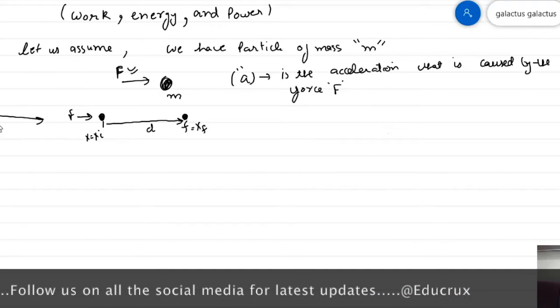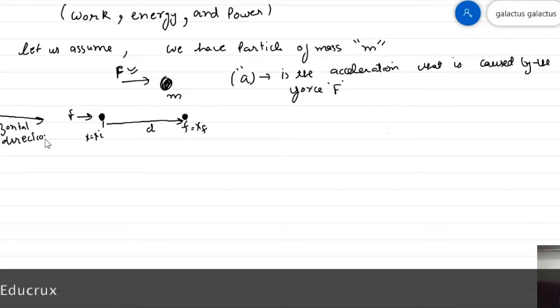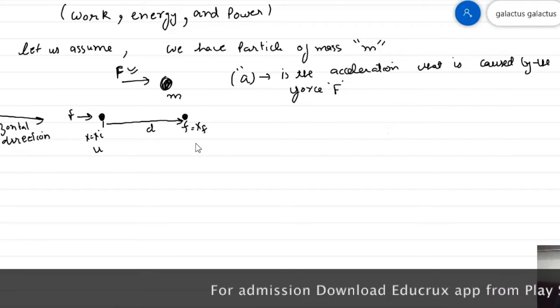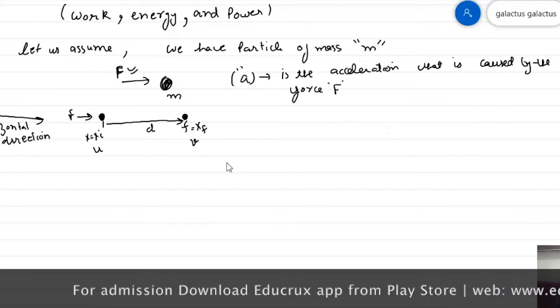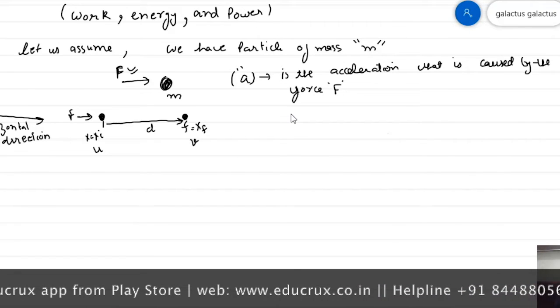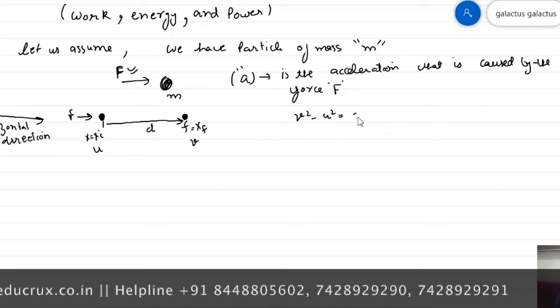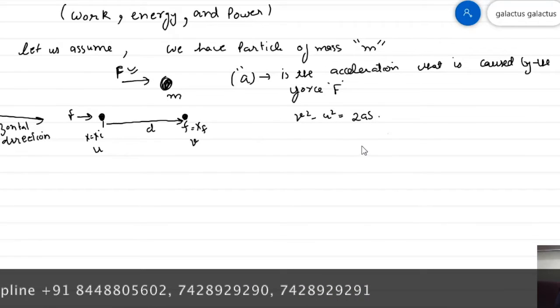In the horizontal direction. Let us say at the initial point, the initial velocity of the particle is u, and at the final point, the final velocity of the particle is v. So I know from kinematics that v square minus u square is equal to 2as.